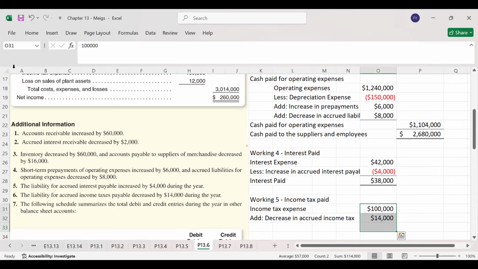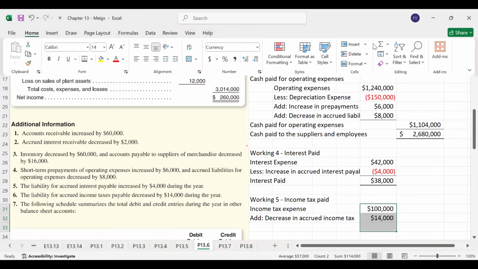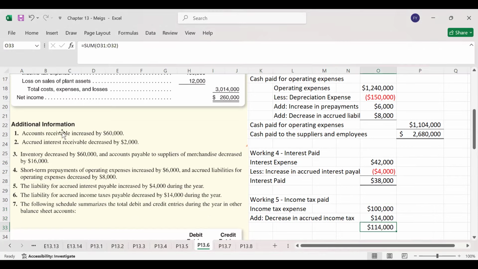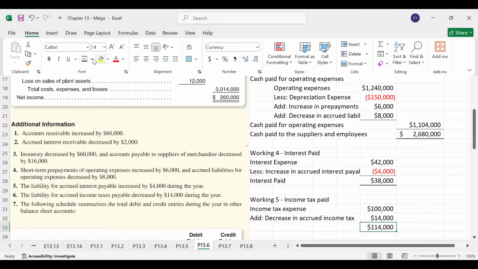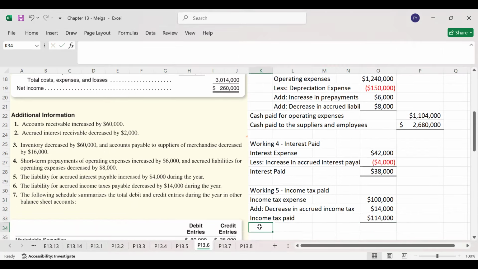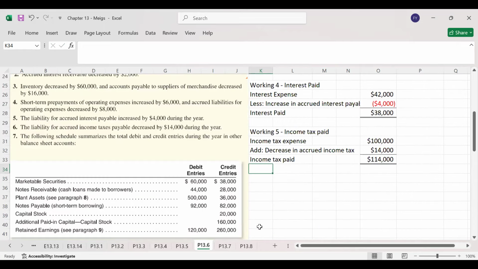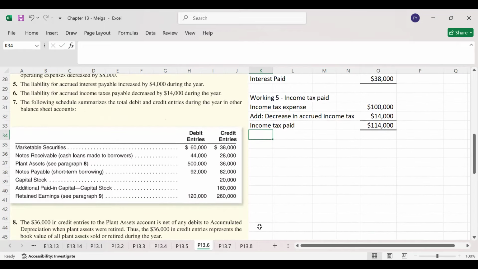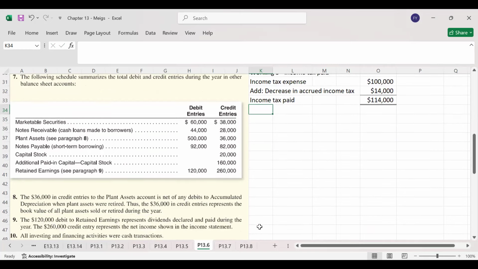So total income tax paid would be $114,000. So here we have total income tax paid. So this is working number 5, and all these workings from 1 to 5 will be required while preparing cash flows from operating activities.